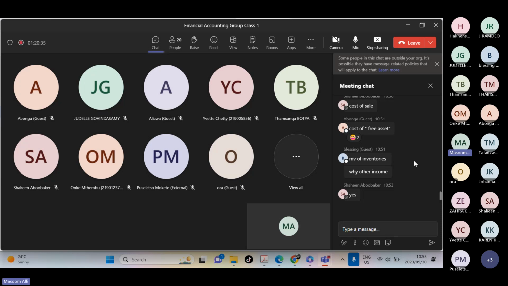Are you guys fine with the inventories? That you learned something new on your inventory side? Because then I can move on to our PPE section.